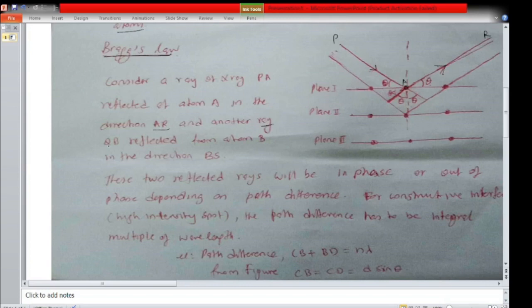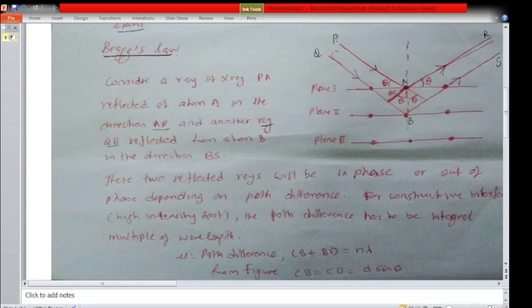Similarly, consider another X-ray, which is QB. This is Q and this is atom B, and that is another X-ray coming in this direction, which is reflected from B in the direction BS. So this is S. We are considering two X-rays.